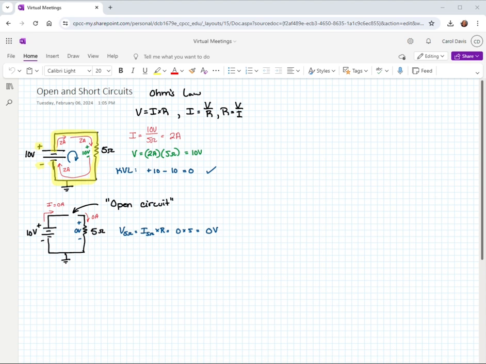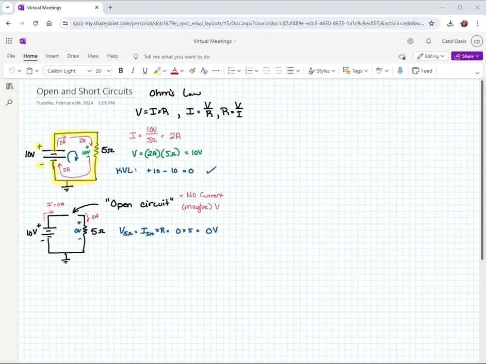But with an open circuit, you need to remember we will have no current, but we may have voltage. I'll say maybe voltage.